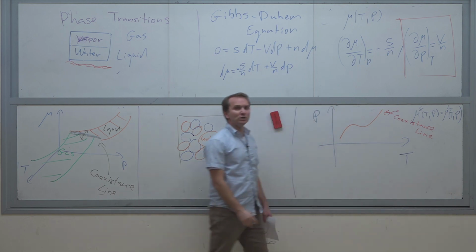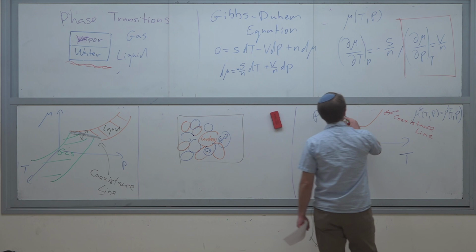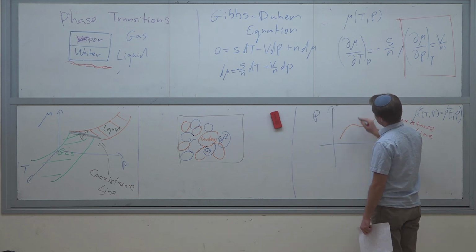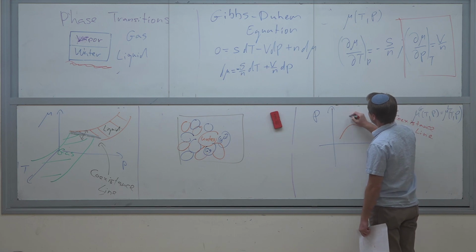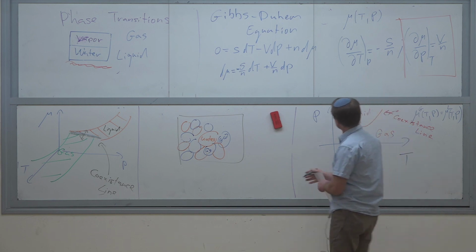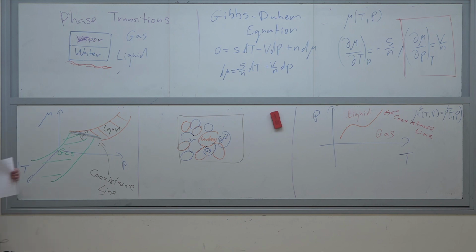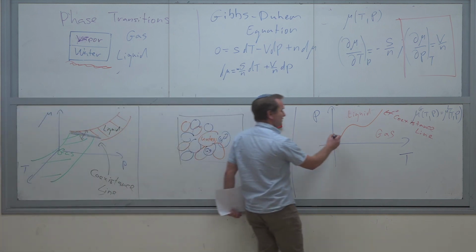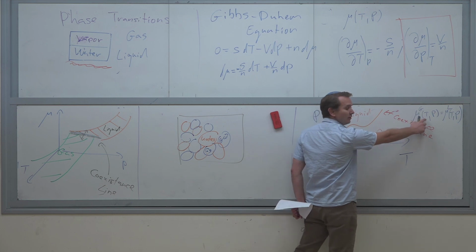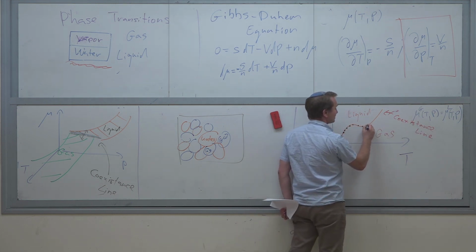We are simply now plotting it in two dimensions. Here we will have liquid, and here we will have gas. And exactly on this line, if you calculate it from this equation, a phase transition occurs.